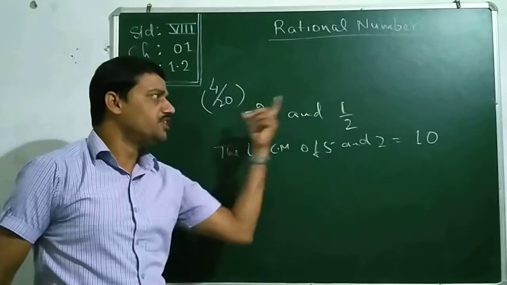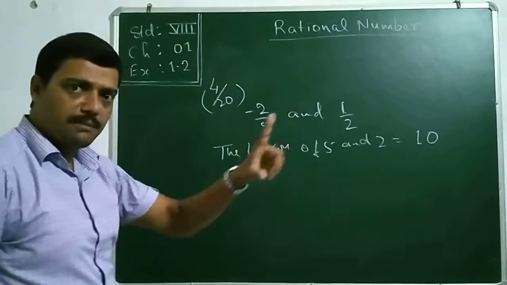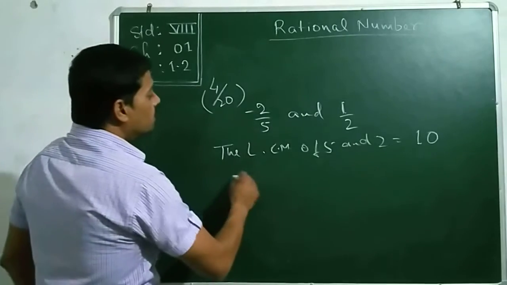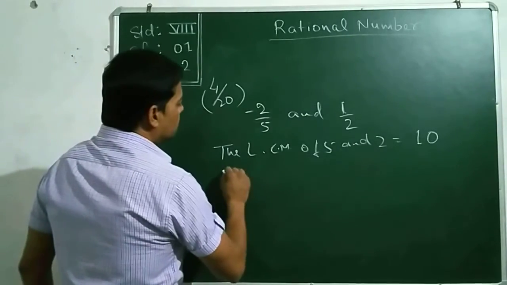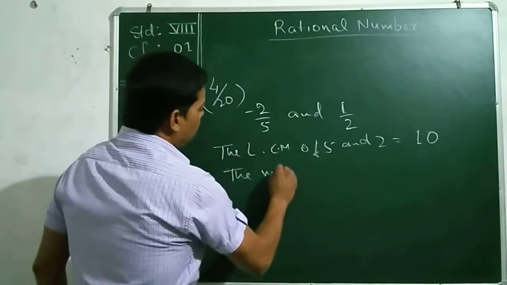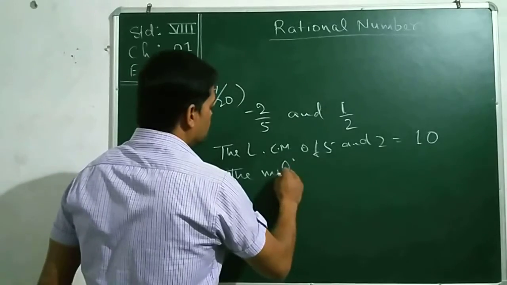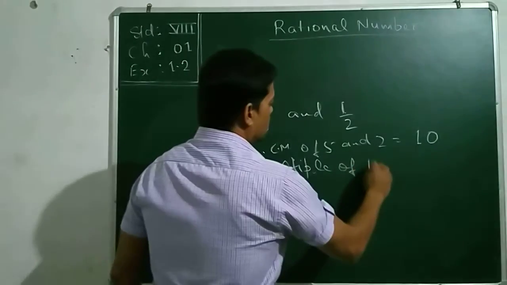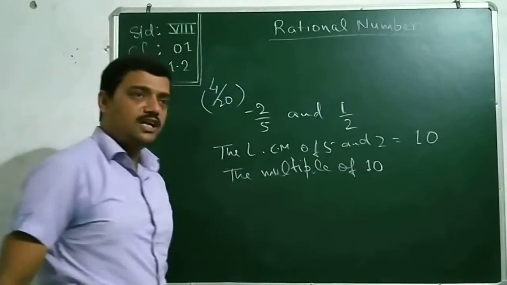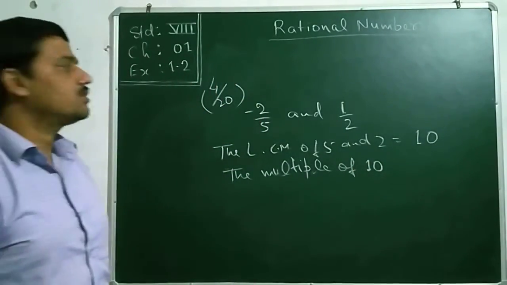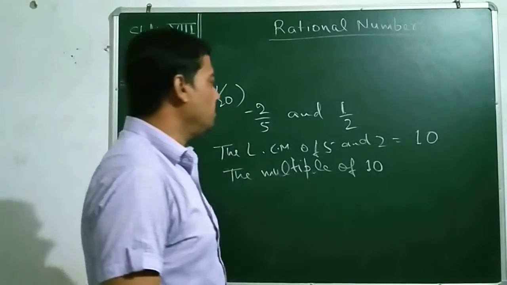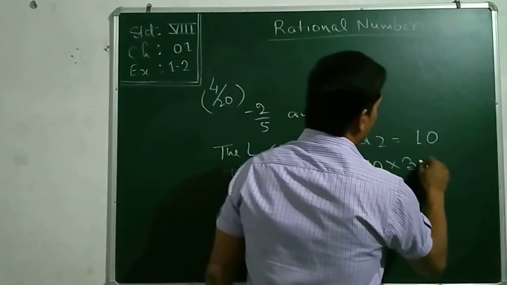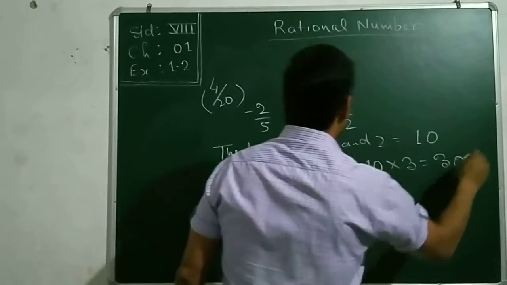See how I am explaining the process, it will be clarified to you. The multiple of 10: you can take any multiple for convenience. 2 will also complete the sum. We can take 3 also, equal to 30.